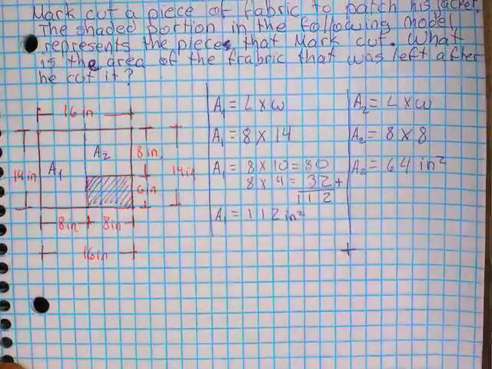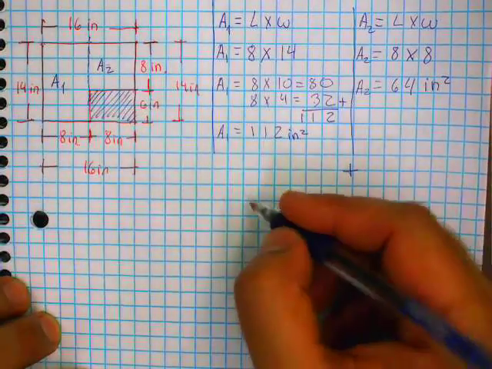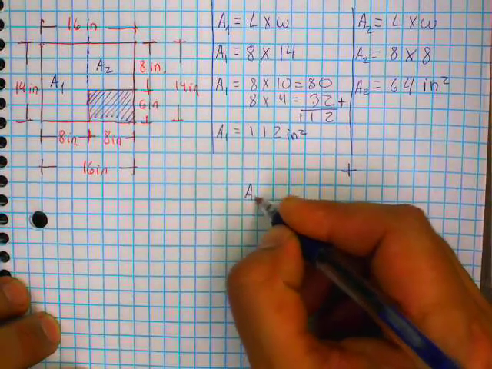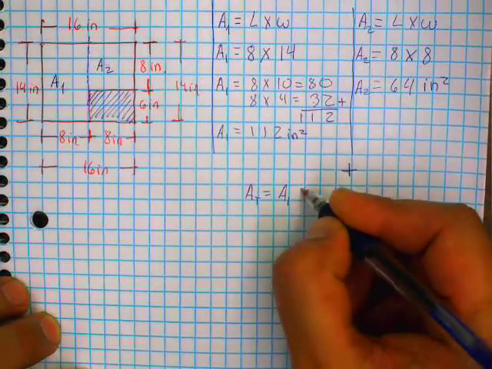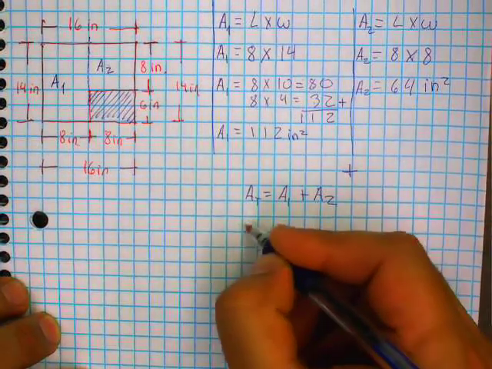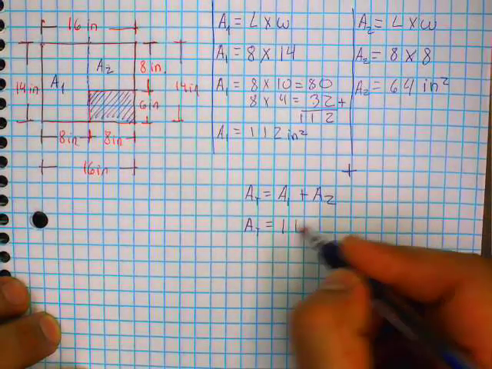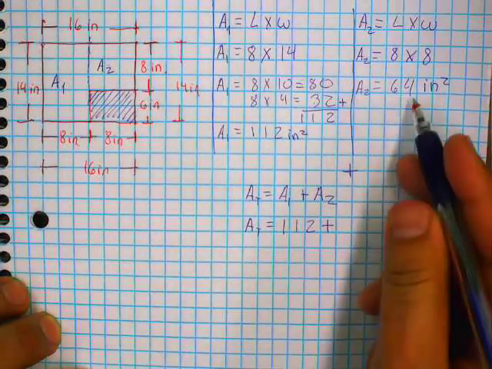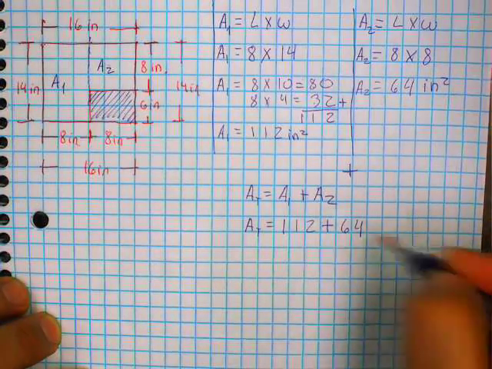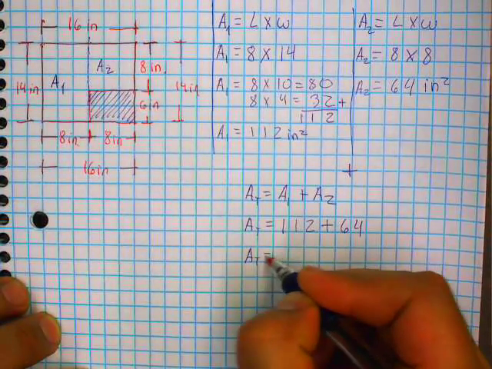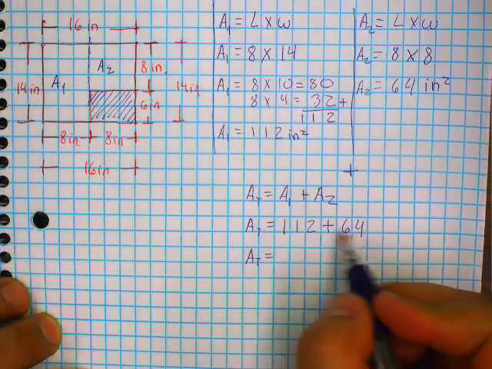So my total area is area 1 plus area 2. Area 1 is 112, area 2 is 64. So the total area is 112 plus 64.